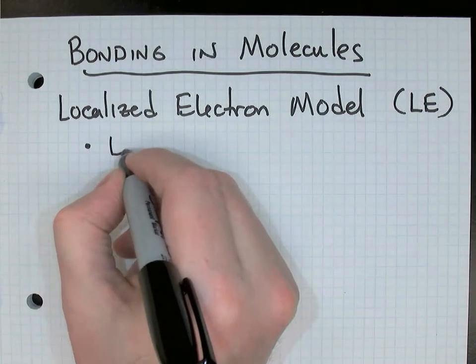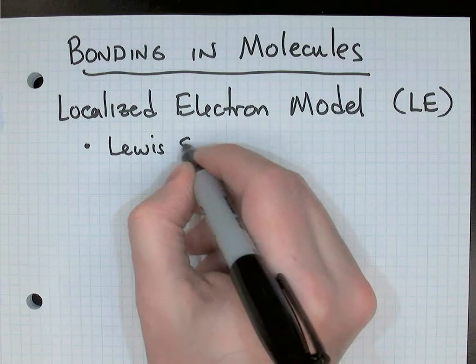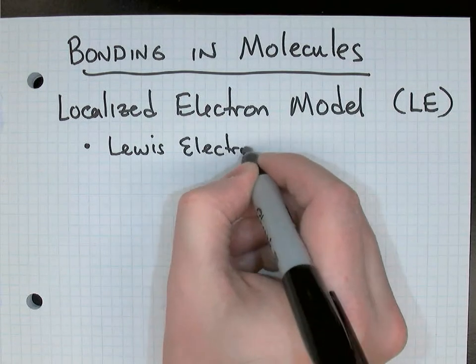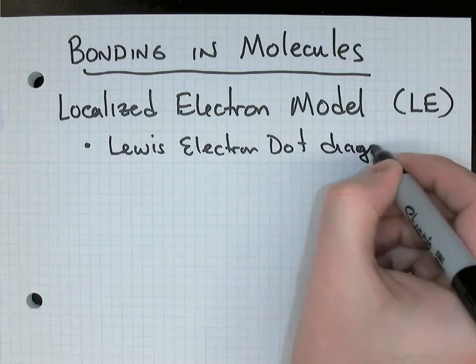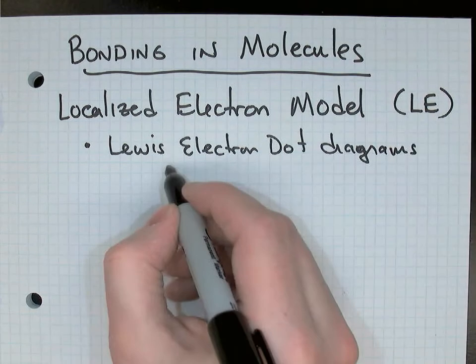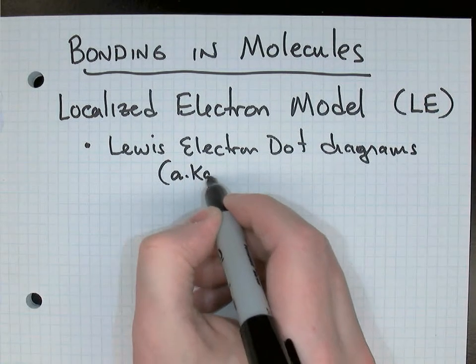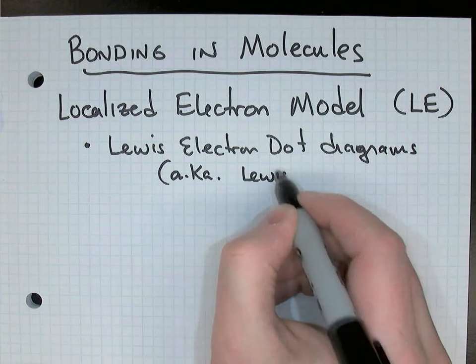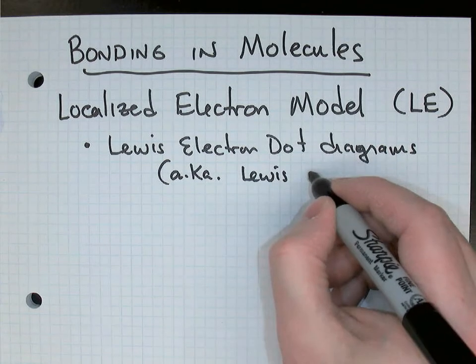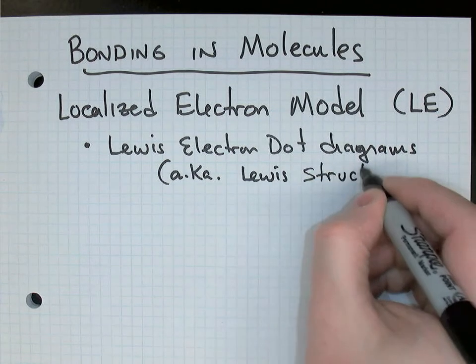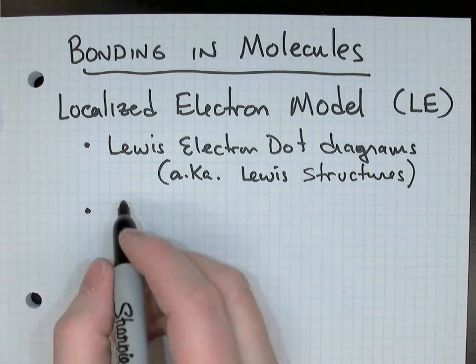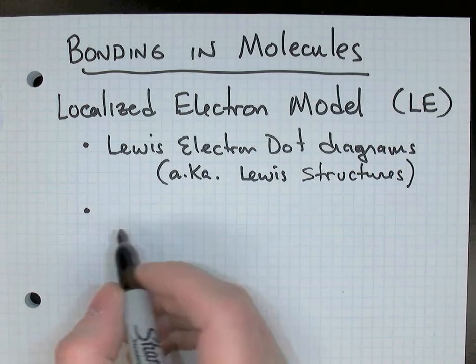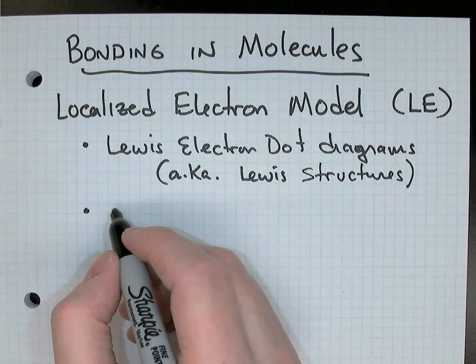We're going to look here at Lewis electron dot diagrams, also known as Lewis structures, named after Gilbert Lewis. Once we've mastered that topic, we'll then use those to predict the molecular geometry.